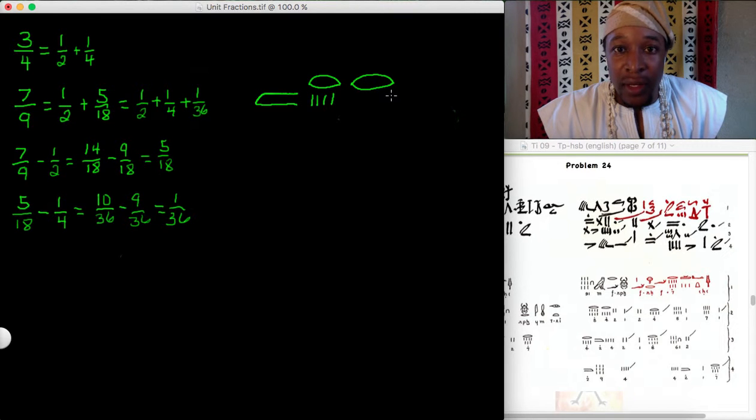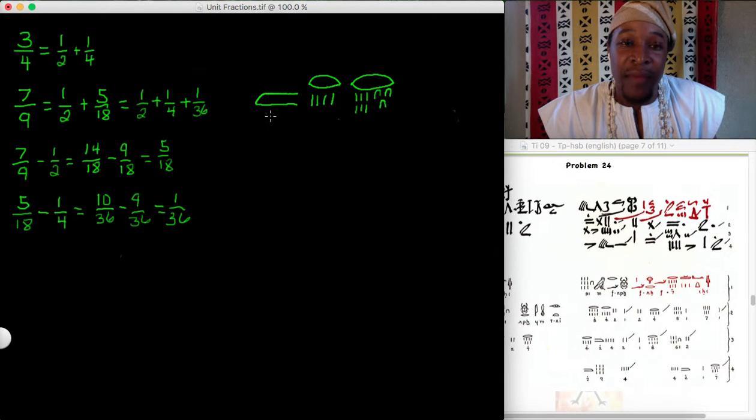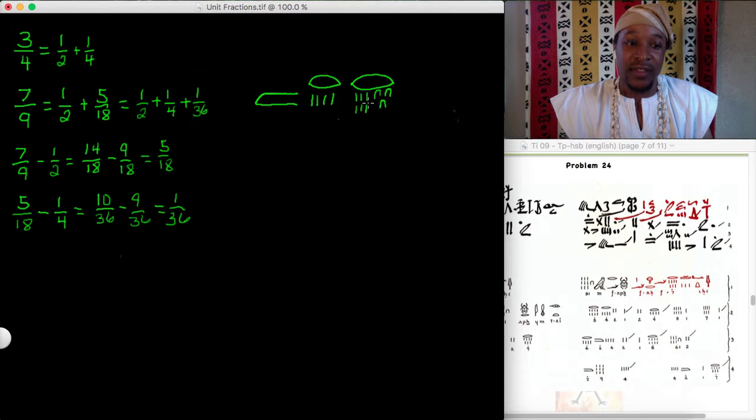And 30 would look like this. 1, 2, 3. And then 6 would be 6 marks. 1, 2, 3, 4, 5, 6. So this would be the way that we would represent the fraction 7/9 in Kemetic mathematics and Nile Valley African mathematics. All right, so it's the sum of 1/2 plus 1/4 plus 1/36.